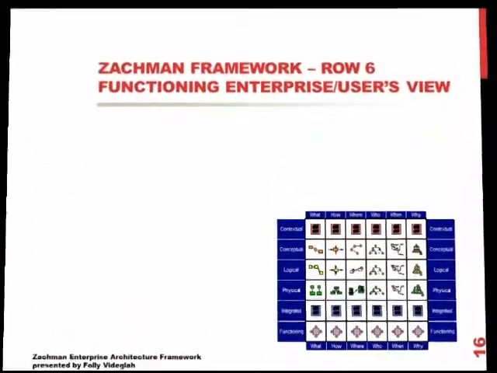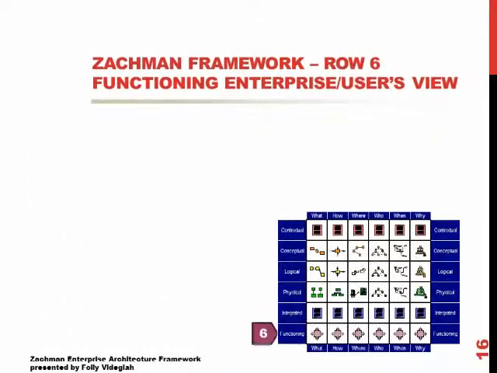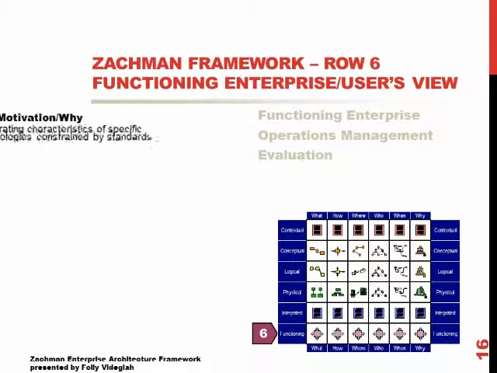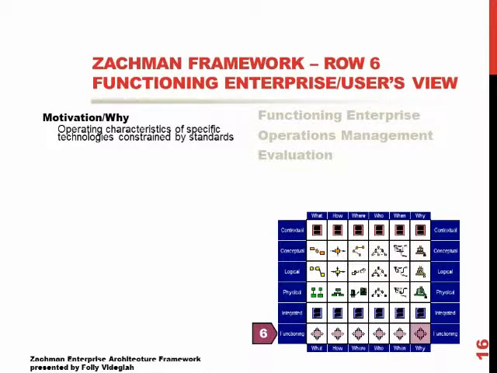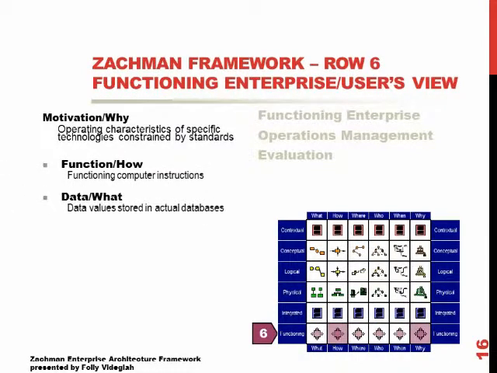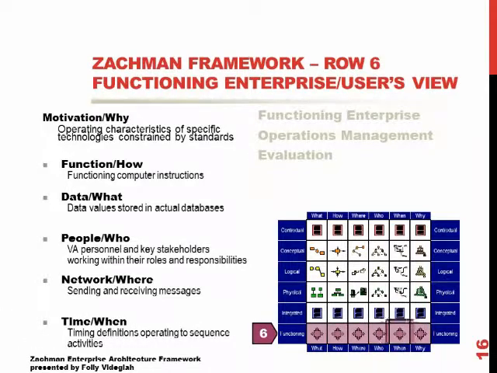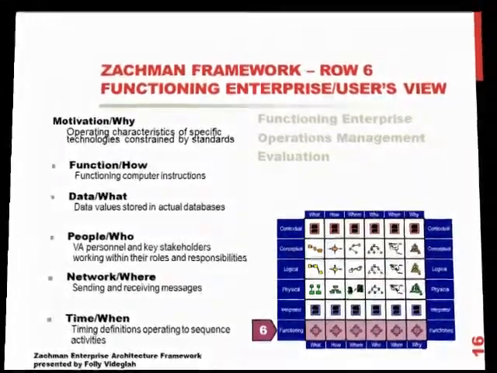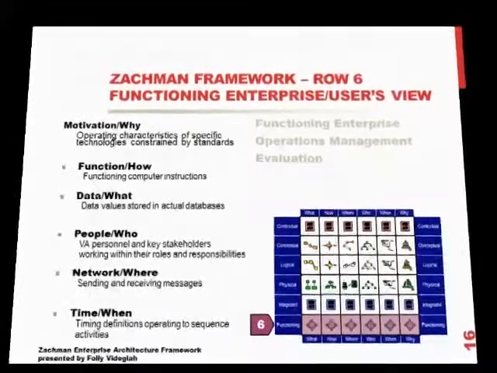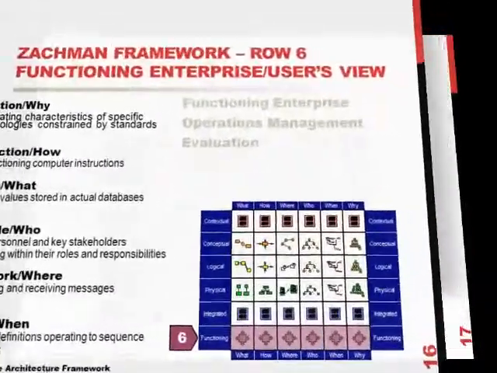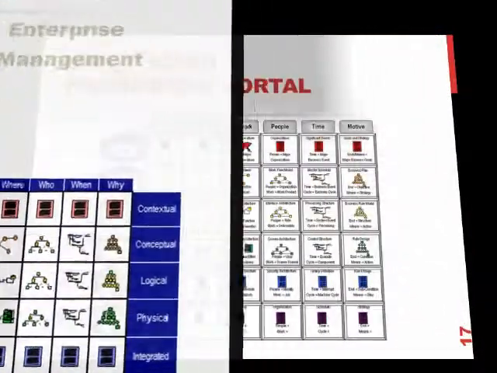Row 6, functioning enterprise. This is what we call most of the time the user view: functioning enterprise, operation management, evaluation, operating characteristics of specific technology constrained by standards, functioning computer instructions, data values stored in the actual database, and the personnel, the stakeholders working within the roles and responsibilities without losing the scope of the network.